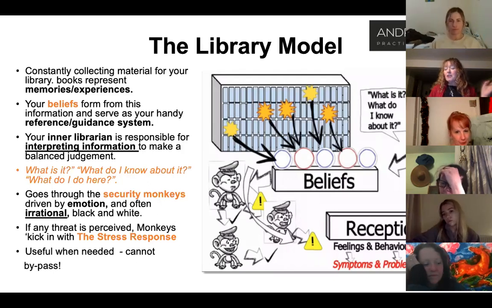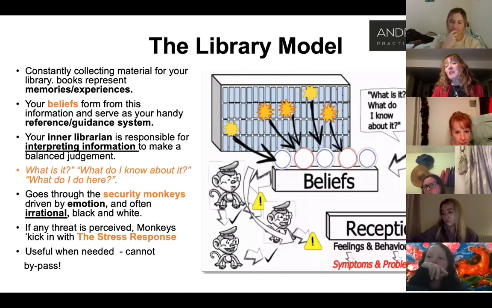Your security system is really the limbic system, so it's all about emotions, sometimes irrational decisions, but actually protection overall. Sometimes that part of your mind thinks it's protecting you, but actually it's making you fearful of something you don't need to be fearful of. Then you've got your inner librarian, the frontal lobe, which is trying to work it all out, but in order for that information to come through, it has to go through the security monkeys first.